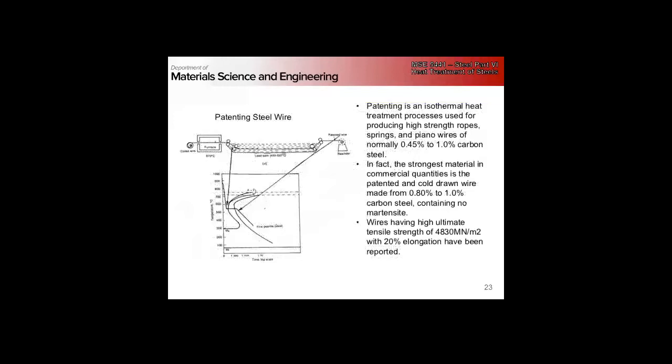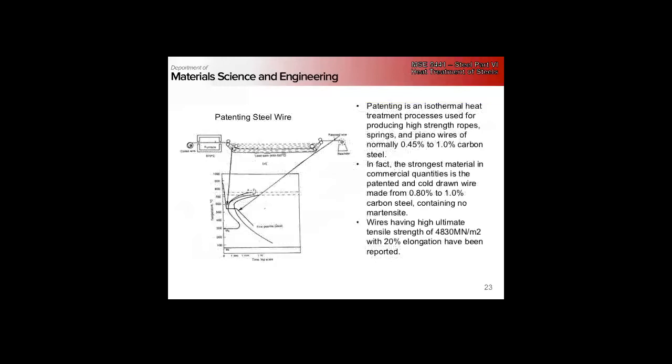And with no martensite, we can actually get strengths that approach 5 gigapascals and still have 20% ductility, right? But it only works for very uniform, thin cross sections, right? You can't do this for any kind of bulk piece. It works, again, really well for wires.